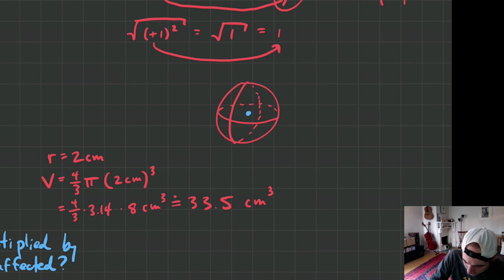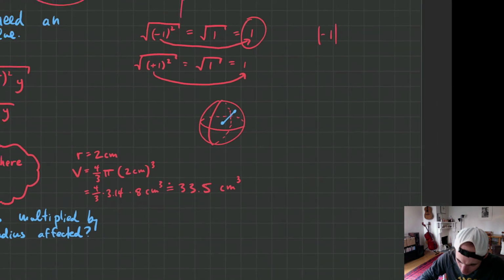The radius is the distance between the center and a point on the actual surface of the sphere. So as the radius expands, the volume changes as well. But it doesn't change in a linear fashion.